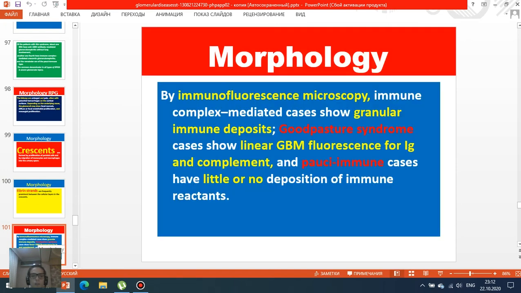By immunofluorescence microscopy, immune complex-mediated cases show granular immune deposits. Goodpasture syndrome cases show linear GBM fluorescence for immunoglobulin and complement, and pauci-immune cases have little or no deposition of immune reactants.